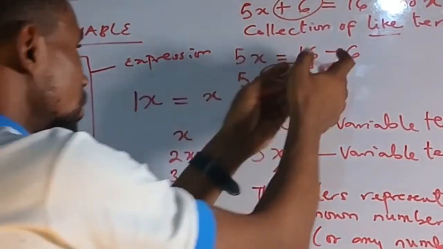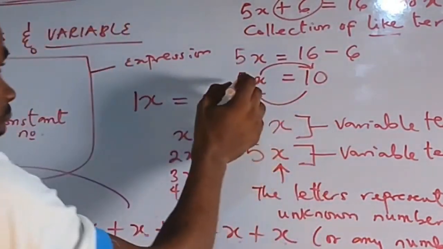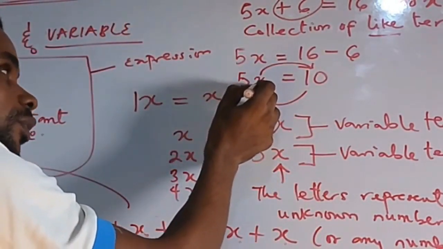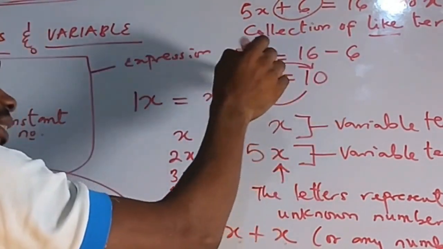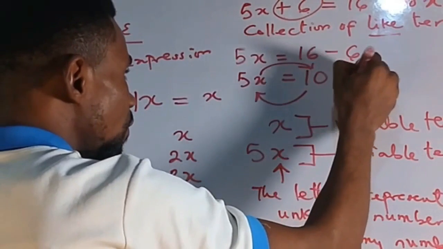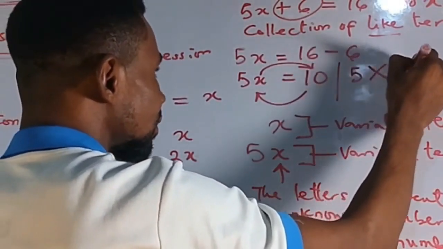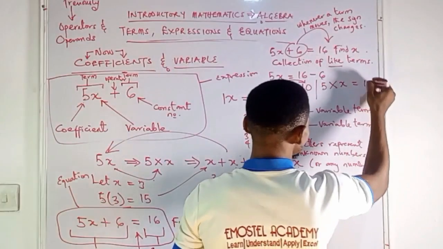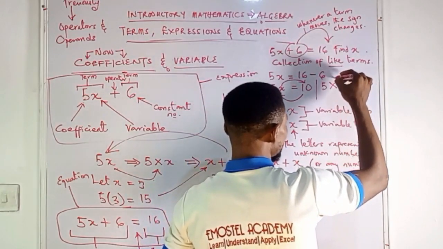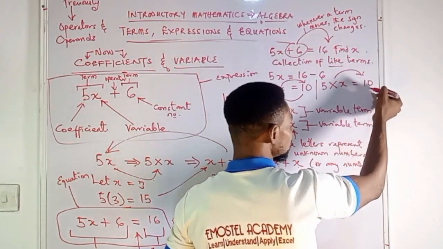10 was produced by a multiplication operation between 5 and x. So if we want to get this value x, it's as if we are just rewriting this as 5 multiplied by x gives us what? 10. That is to say, a multiplication operation yielded these results.